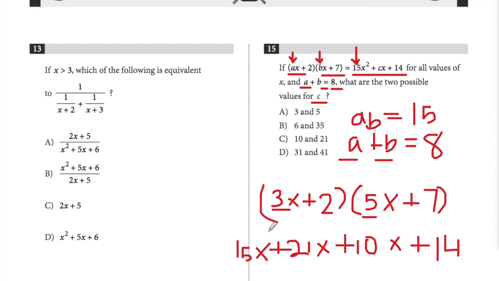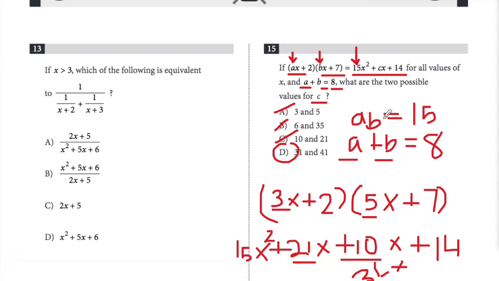Now here we know that 21 plus 10 is 31. So for sure one value that would work is D, because when you add these two, we get 31x, and 31 is our C value here.